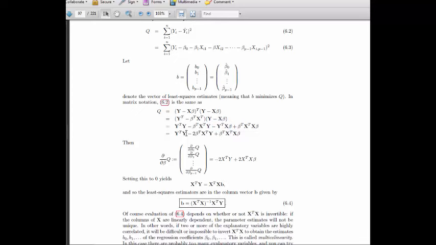Okay, so now, what's our next move? Remember, the idea is you want to minimize this sum of squared errors. So I want to differentiate Q with respect to each one of those betas, right? And set each one of those derivatives equal to 0.